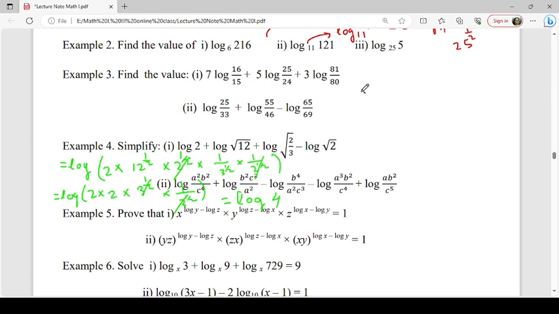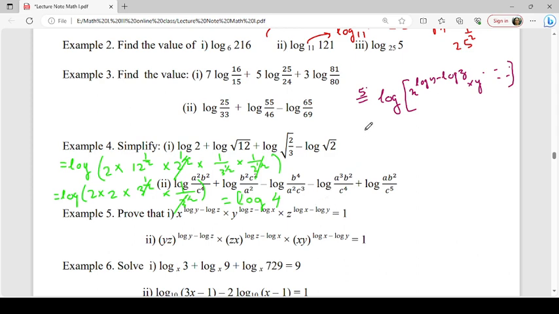Now if we do number 5, we are taking log of, within bracket we write x to the power log y minus log z into y to the power, and so on. So for this we are taking log.